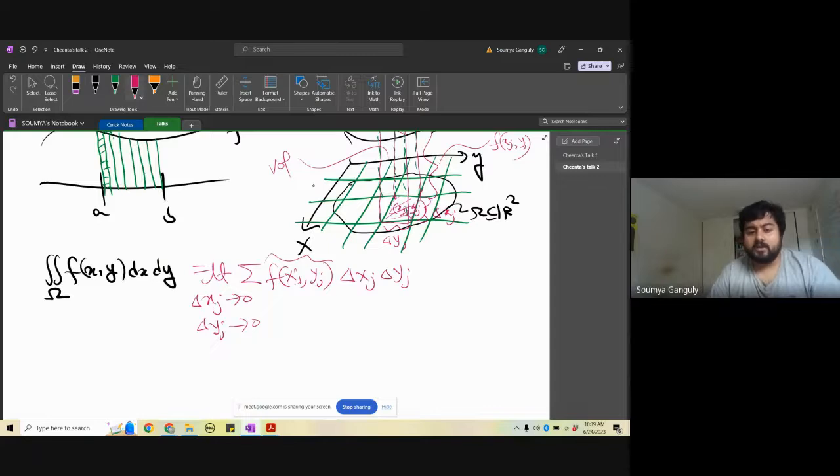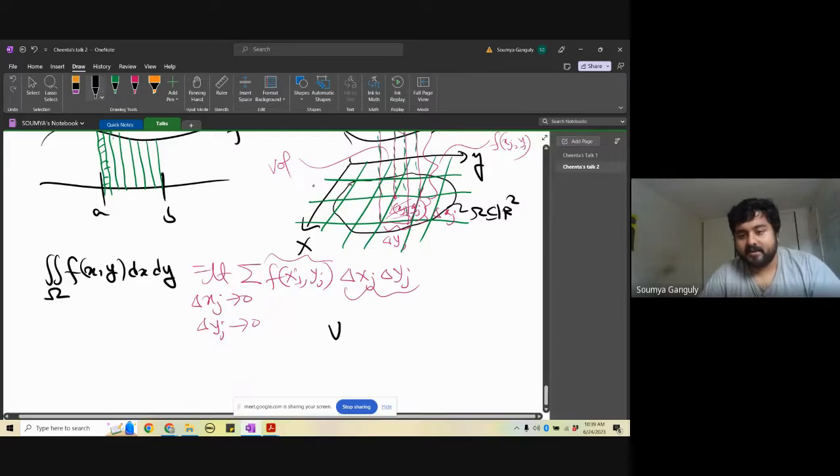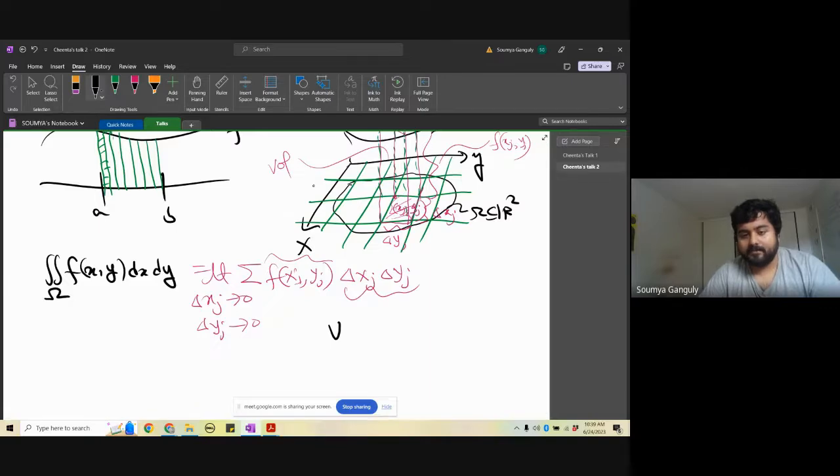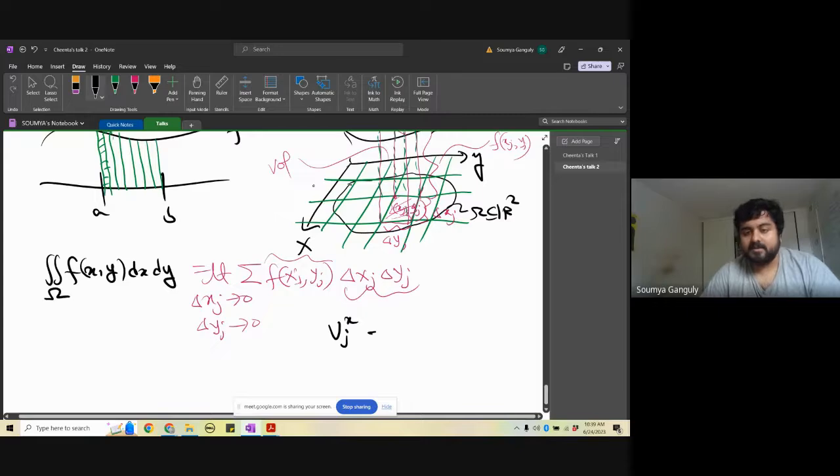So now I am claiming that this entire formalism of integrals of two variable functions can be written in terms of differential forms. How? Well, the idea is as follows. Create a vector vjx as delta xj comma 0.